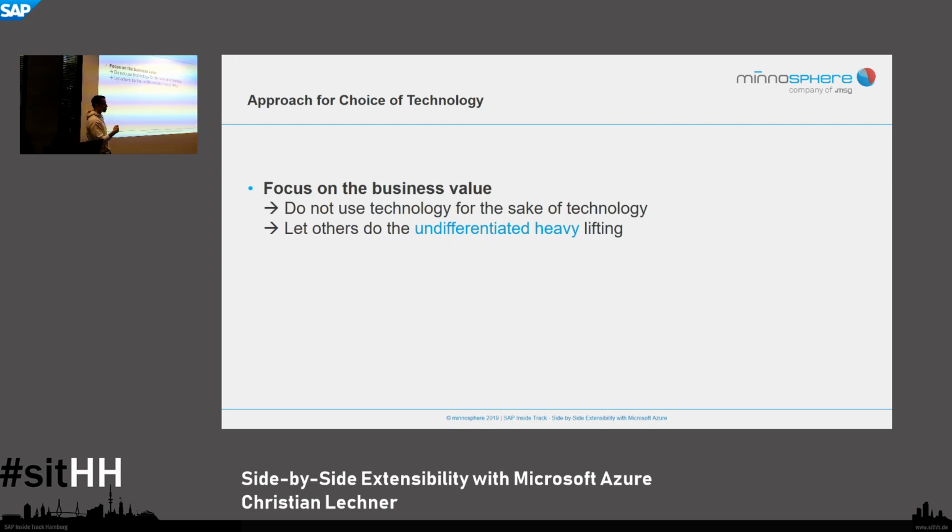There is a lot of cool stuff out there, super cool stuff. I like to use it, but when it comes to solving business problems, focus on the business value. That's point one. Point two, do not fall into the trap of the not-invented-here syndrome. Don't build stuff that others already built 1,000 times and probably much, much better than you can do.